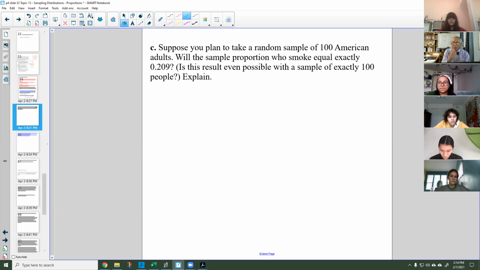Well, could it possibly be exact? Could it possibly be 0.209? Is that possible that that could happen? I think it is just very unlikely. Okay, so I understand what you're saying, but actually, what is 0.209 of 100 people?